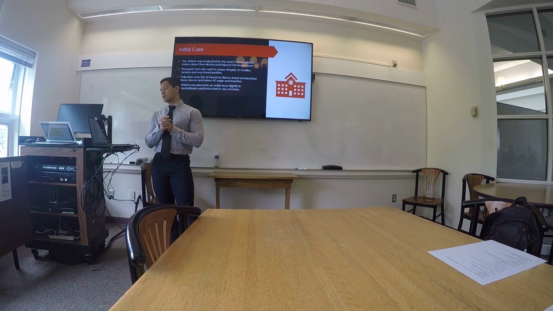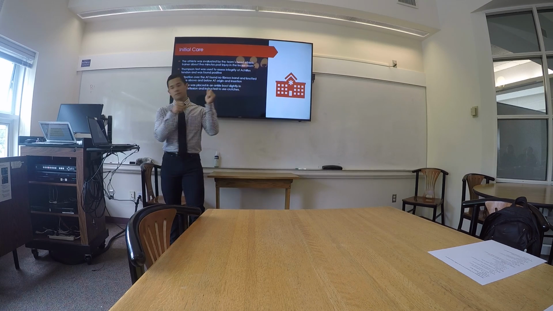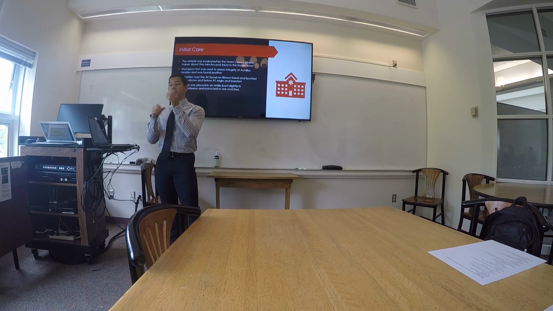A Thompson test was used to assess the integrity of that tendon, and we'll get into that with the next slide. Palpation also produced findings: as the trainer palpated the distal calf, he couldn't really feel any fibrous band or tissue in there, but he did feel two different knots towards the superior and inferior points of where the Achilles should be.